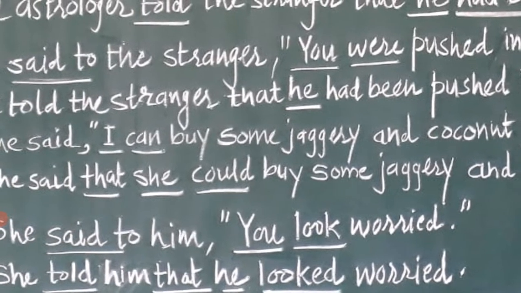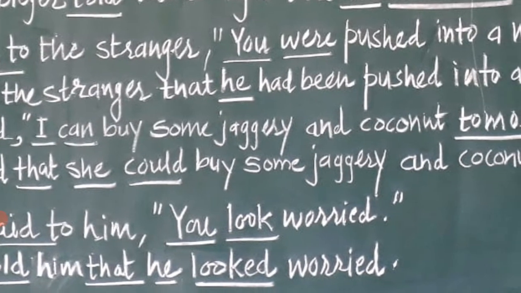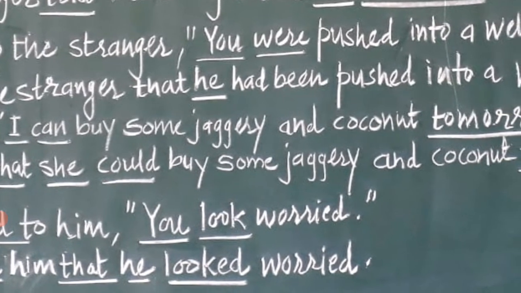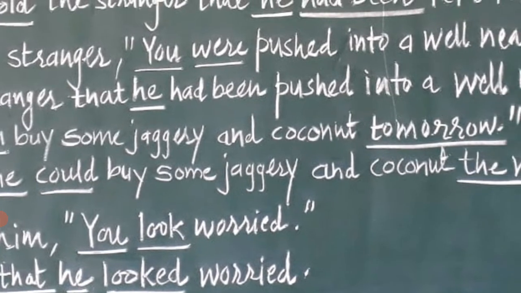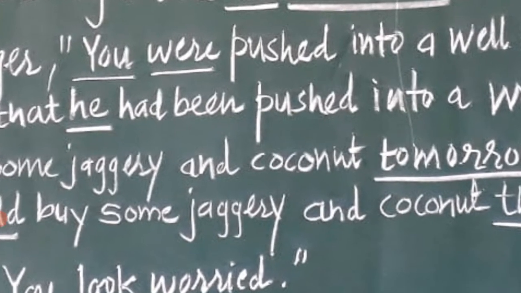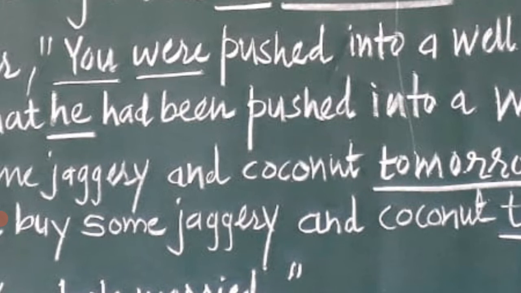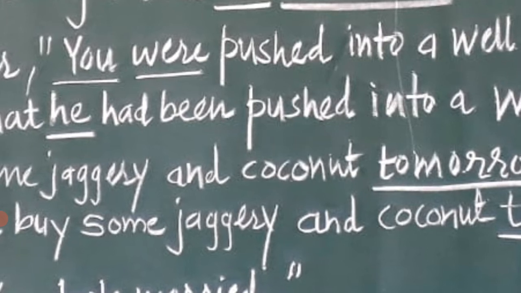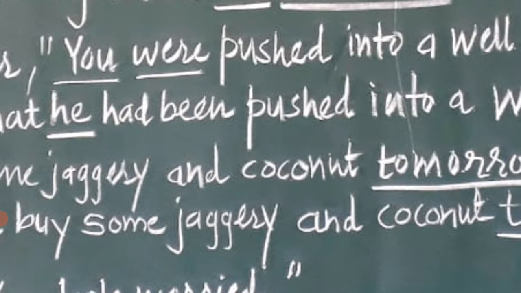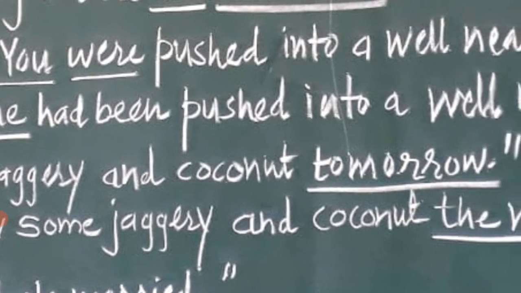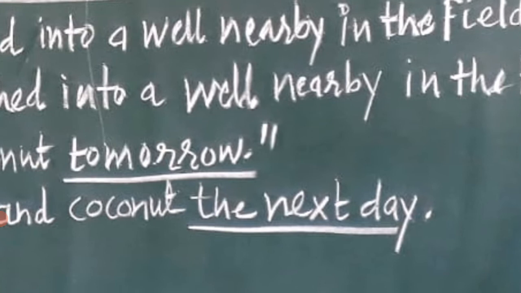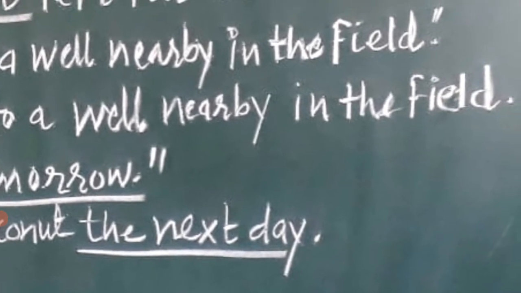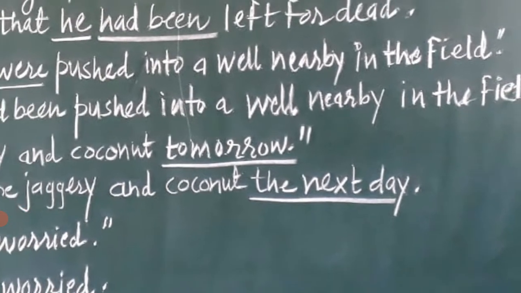"You" is here for the stranger, so again it is converted into "he". Once again it is in simple past tense, so again it is converted into past perfect tense by making "had been" in place of "were". "He had been pushed into a well nearby in the field." So the remaining part remains almost as it is.